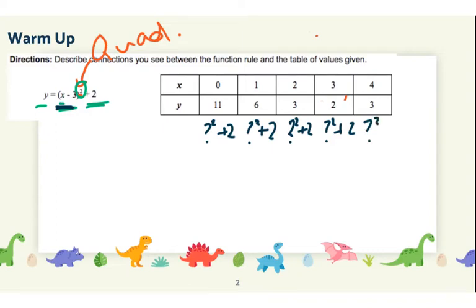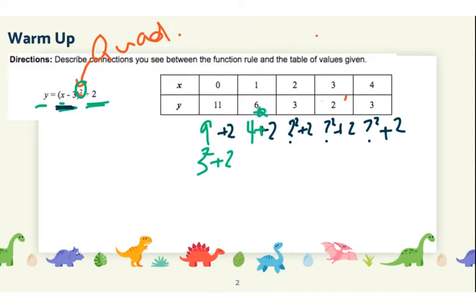All right, so let's see. This number would have to be 9, right, in order for 9 plus 2 to be 11. So let me just write that as 3 squared plus 2, okay. And now if I have something squared plus 2, that something would have to be a 2, because 4 plus 2 gives you 6, right?